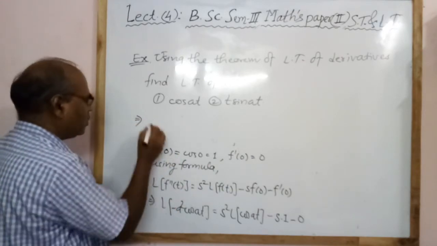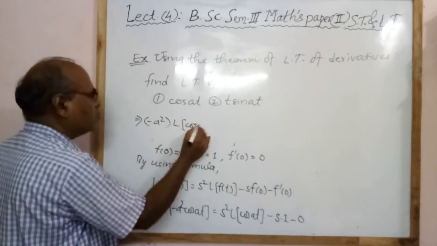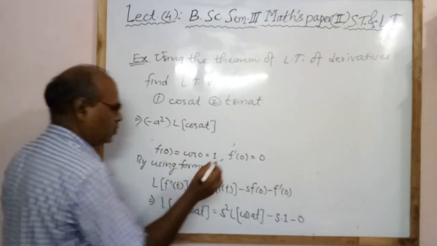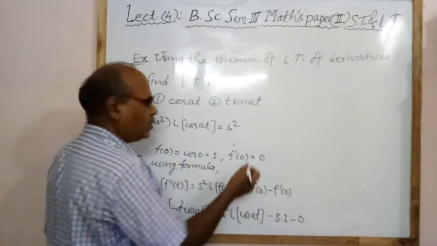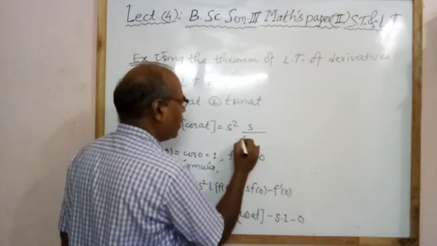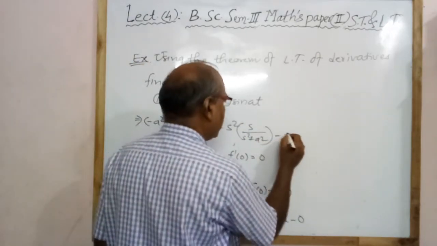It implies minus a square is outside, minus a square into Laplace of cos at equal to s square into Laplace of cos at minus s.